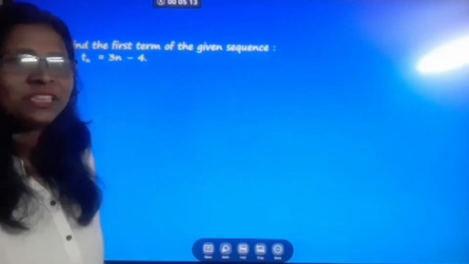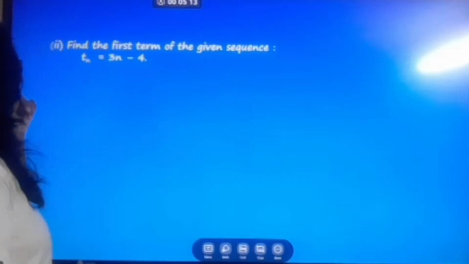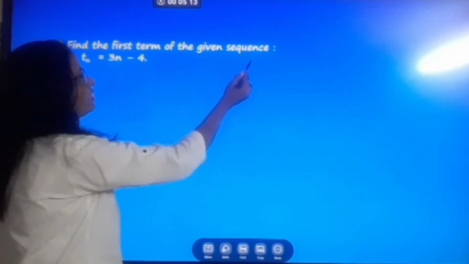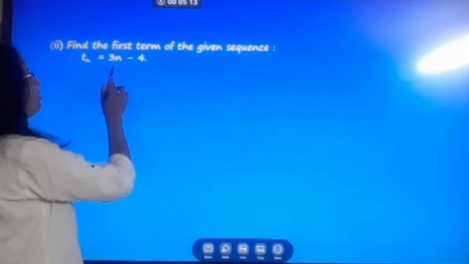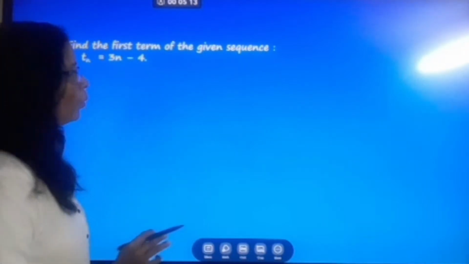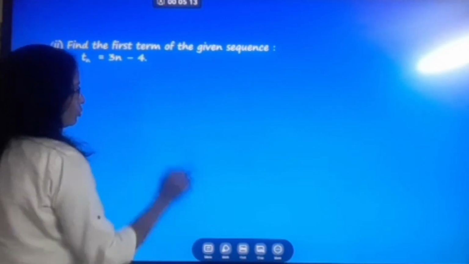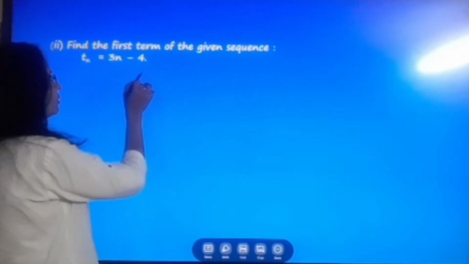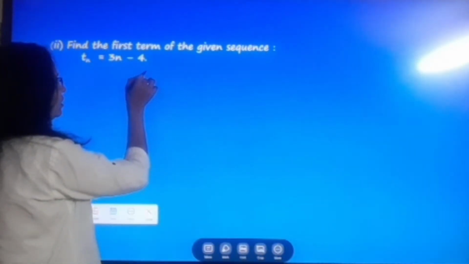Then the next question, students. Find the first term of the given sequence: Tn is equal to 3n minus 4. First I write down the given. Always, students, you also write down the given of the example.